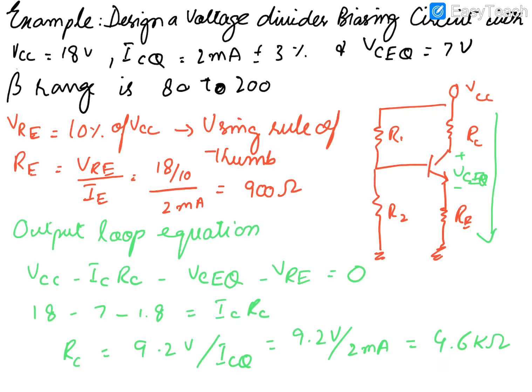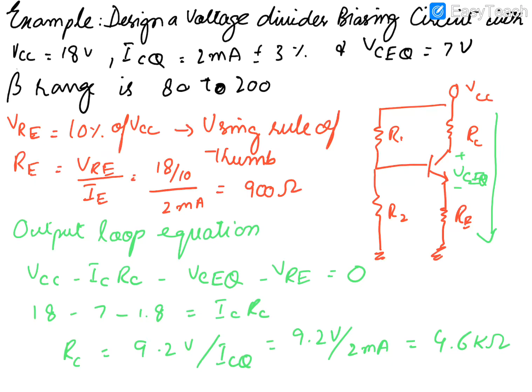So first of all, we will design the value of RE. The value of RE can be designed by dividing the voltage across it by IE. The voltage across RE can be found with a rule of thumb, which is that VRE is supposed to be 10% of VCC. This is a good rule of thumb, and we will follow it.